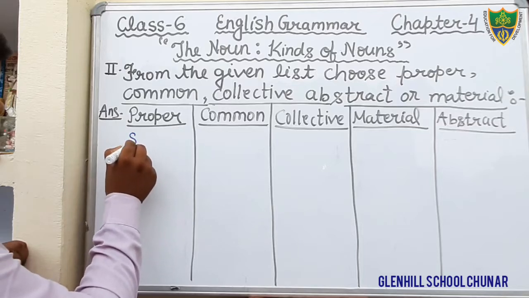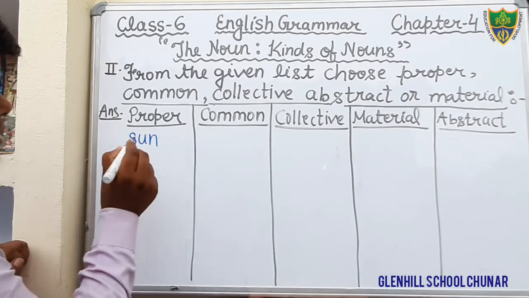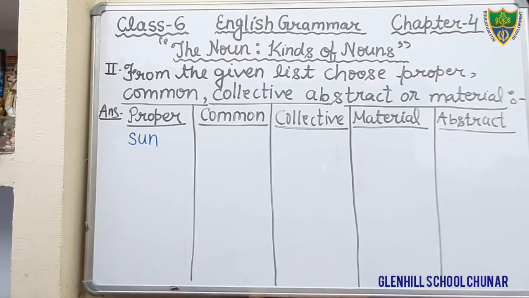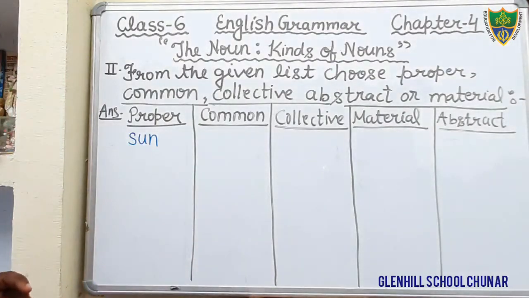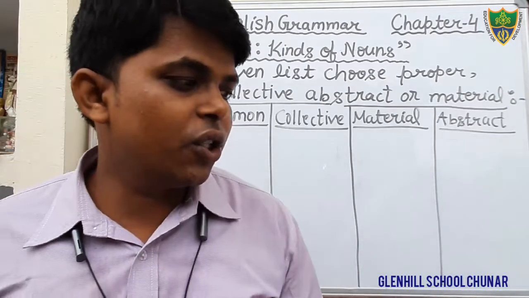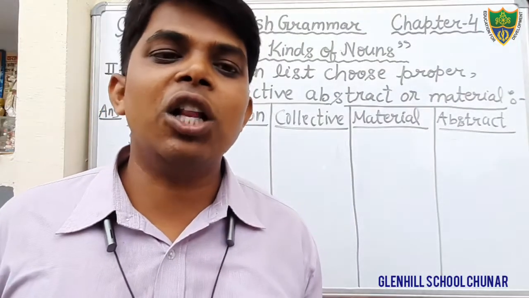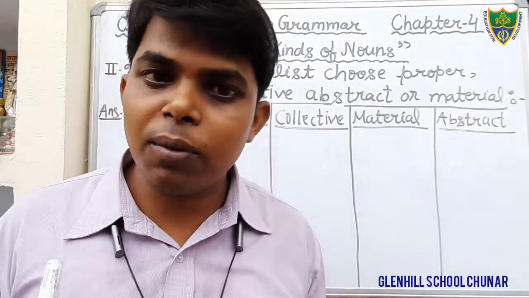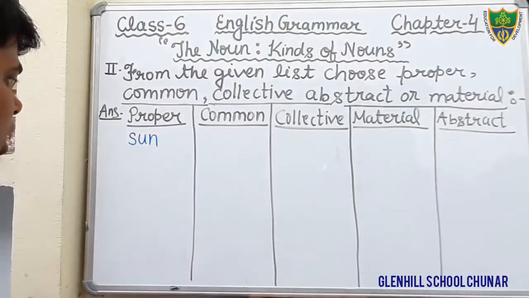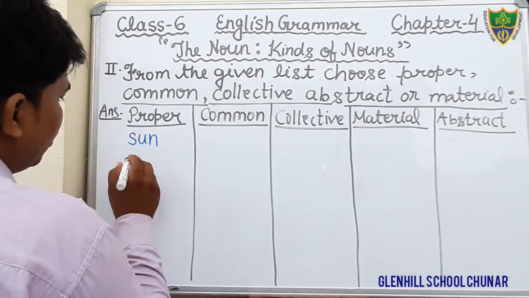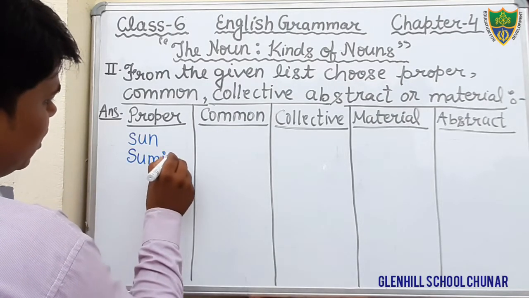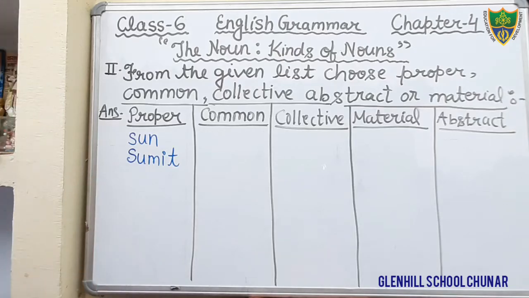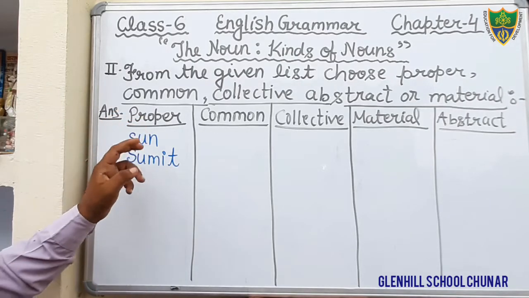Sun is here a proper noun. Okay students, next Sumit. Sumit is also the name of a particular boy, therefore that is also a proper noun. Just write down Sumit, S-U-M-I-T, in the category of proper noun.